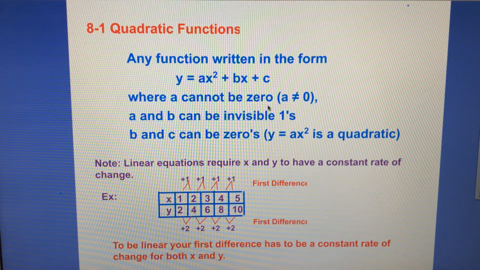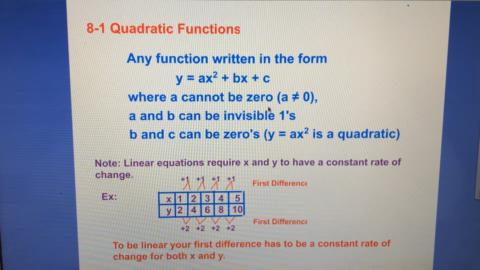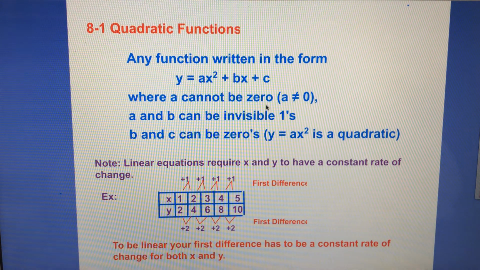8-1, quadratic functions. Now, you know we have already done linear. That was the basic 8th grade. This is algebra. A quadratic function is any function written in this form: y equals ax squared plus bx plus c, where a cannot be a zero.